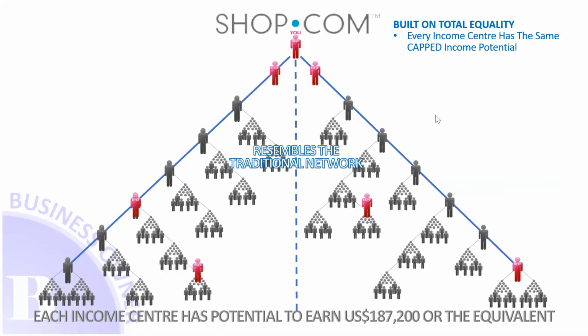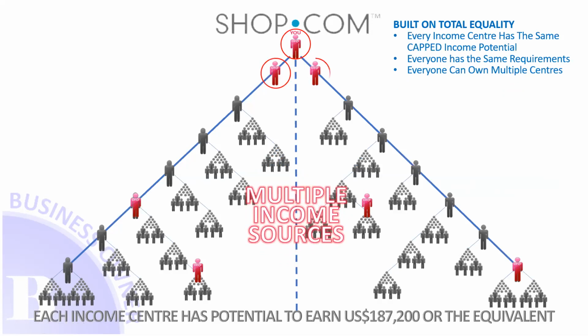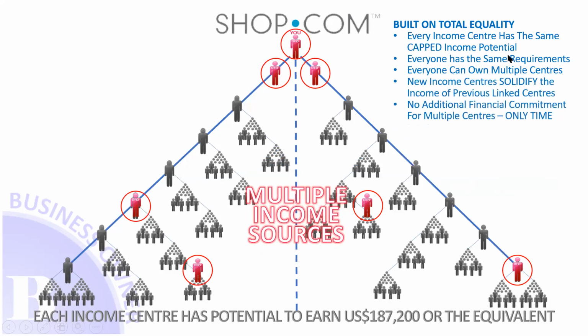shop.com is about. Well, basically shop.com is built on total equality. Every income center has the same capped income potential, and everyone has the same requirements, and we can own multiple centers, as many as 999, and new income centers can solidify the income of previously linked centers, and there is no additional financial commitment for multiple centers.